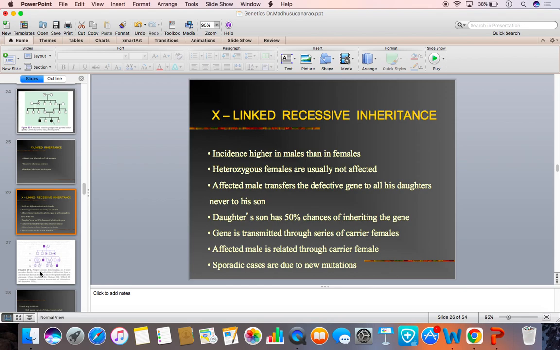Gene is transmitted through a series of carrier females. The affected male is related through the carrier female. It is from the carrier female that the male receives the disorder in sex-linked recessive inheritance. Sporadic cases are due to new mutations.